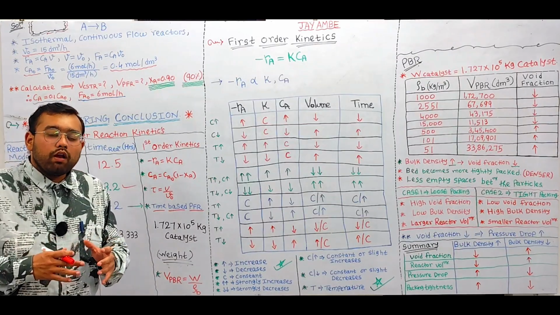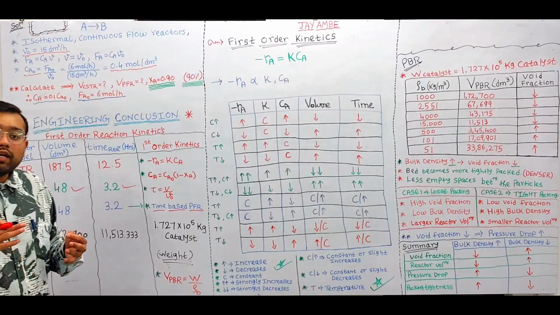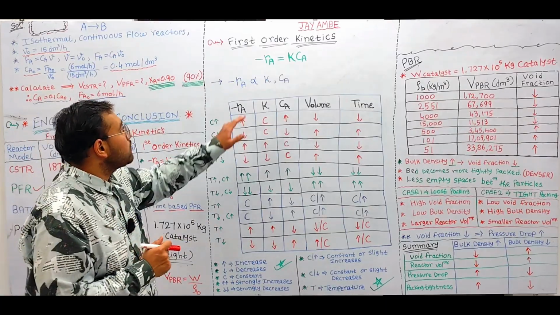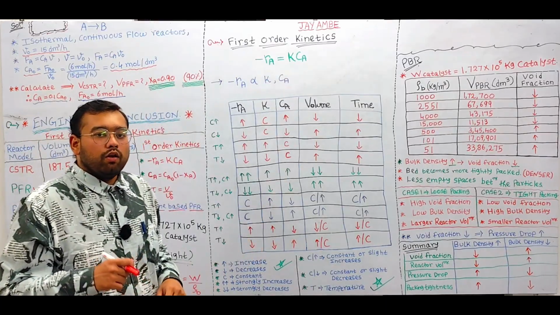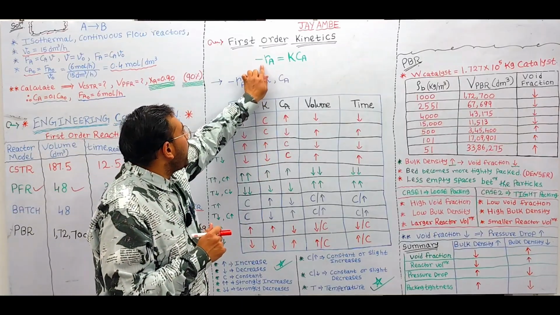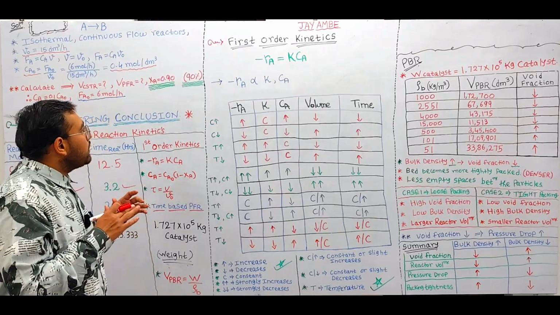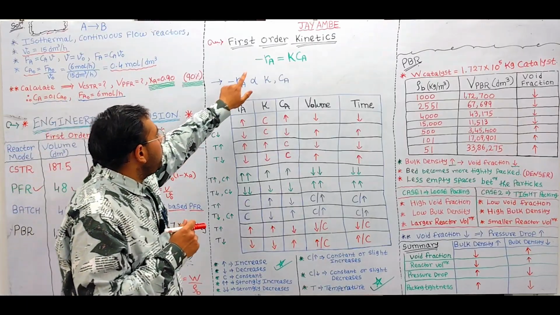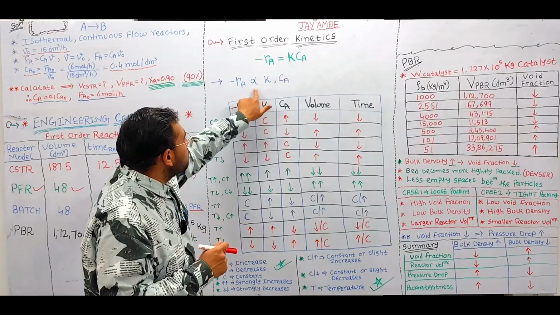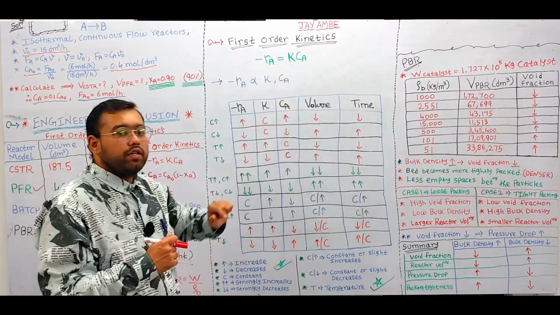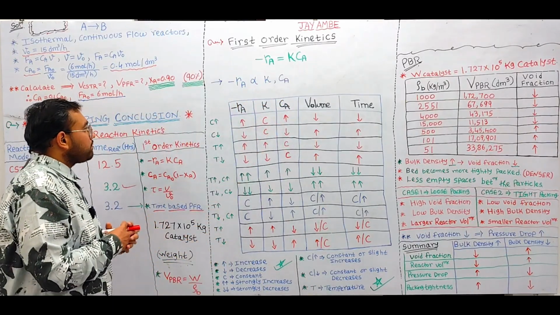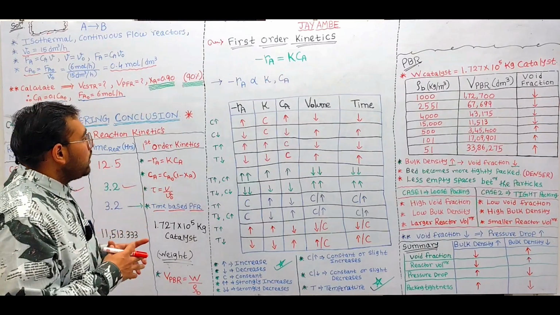Now we are going deeper into the fundamental understanding of first order reaction kinetics, where we have the given rate law as minus Ra is equal to Kc. Here you can see that the reaction rate is directly proportional to the rate constant and the concentration Ca.